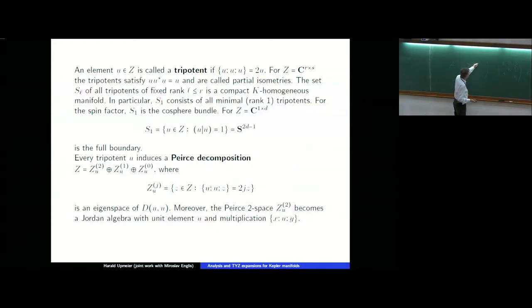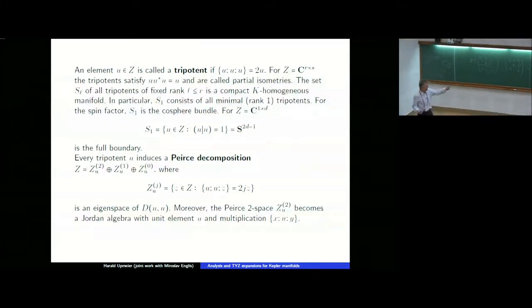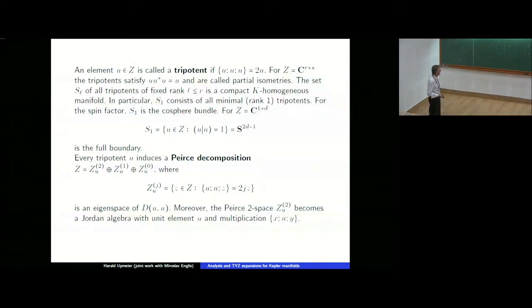So you see it's a little bit like a projection decomposition, but obviously you need three pieces. The Z1 becomes reducible in this case, but Z0 and Z2 are always still irreducible. So that is the Pierce decomposition, a natural concept once one has a little experience.